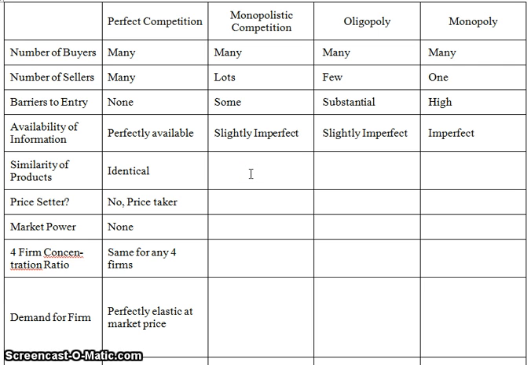In a perfectly competitive firm, like those farms we talked about, their products were completely identical, meaning that you couldn't tell one farmer's ear of corn from another. Okay? Monopolistically competitive firms have differentiated products. Right?